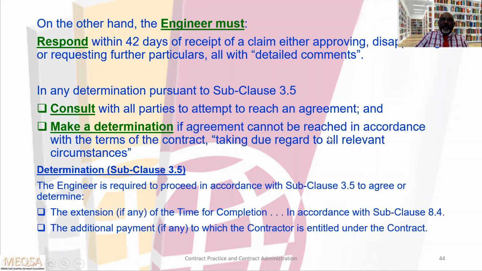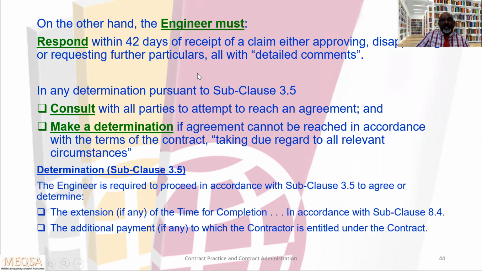Determination, subclause 3.5. The engineer is required to proceed in accordance with subclause 3.5 to either agree or determine extension of time, EOT, of the time for completion in accordance with subclause 8.4, and the cost, the additional payment to which the contractor is entitled under the contract, if any.